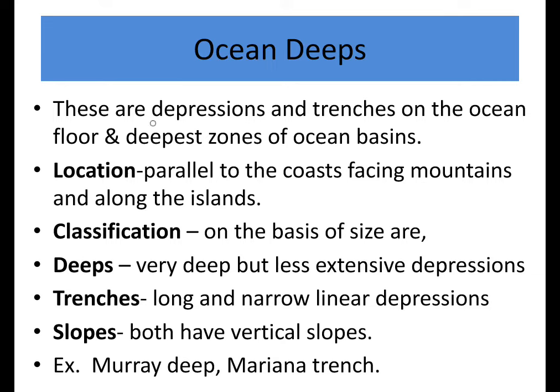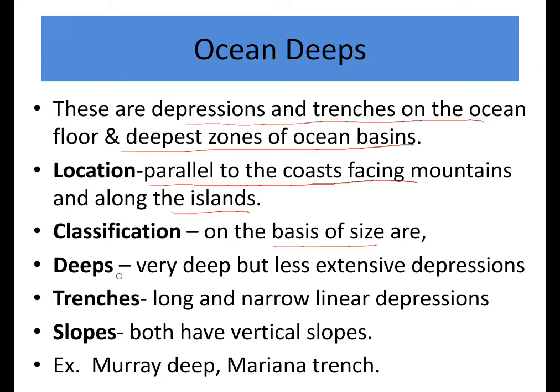Ocean deeps are depressions and trenches on the ocean floor and the deepest zones of ocean basins. Location: they are parallel to the coast facing mountains, or they can occur along the islands. Classification: they can be classified on the basis of size into deeps, trenches and slopes.